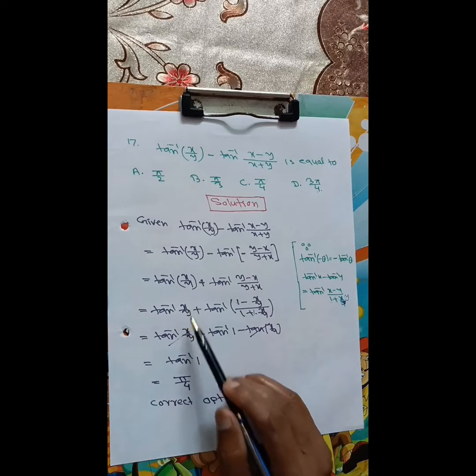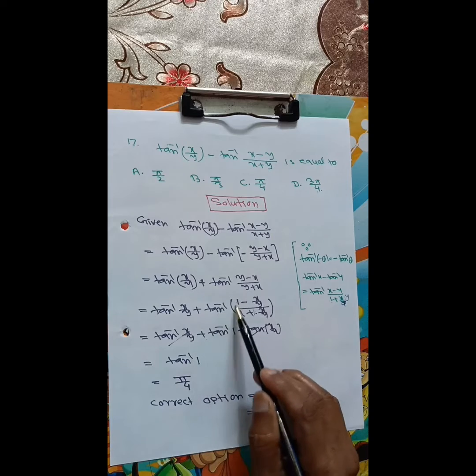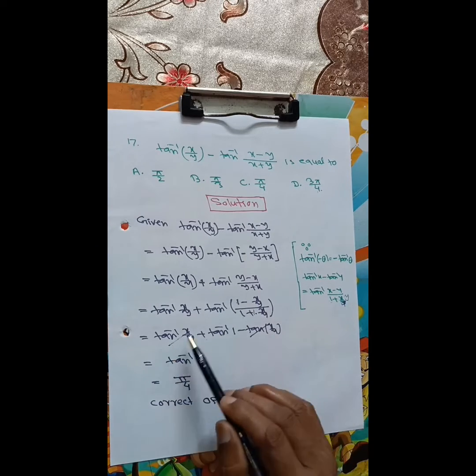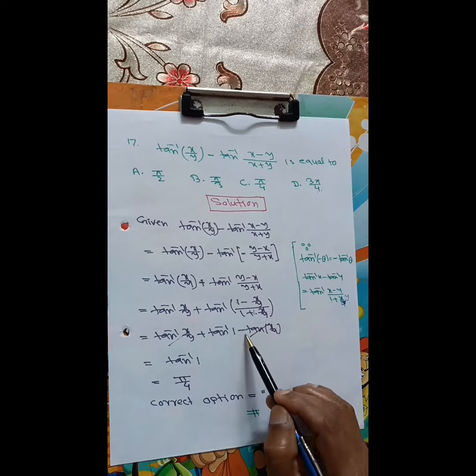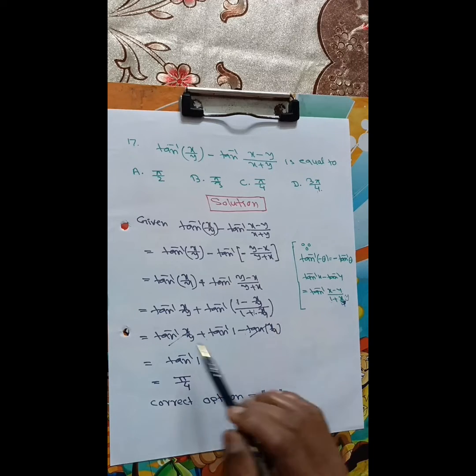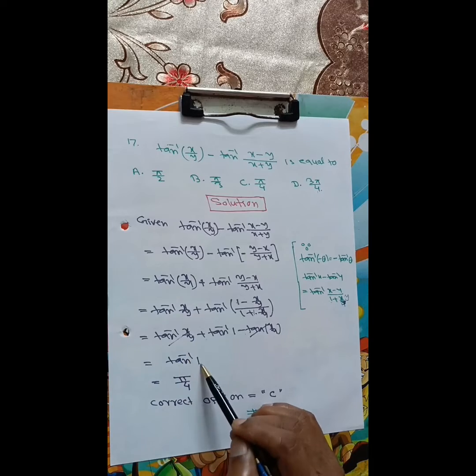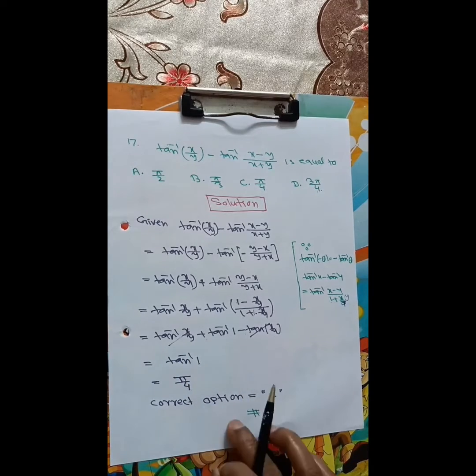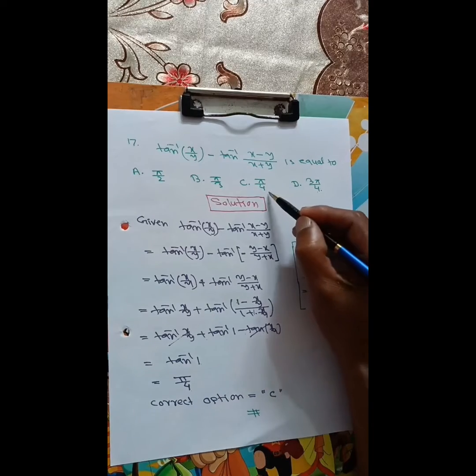So we get tan inverse x by y plus tan inverse 1 minus tan inverse x by y. Tan inverse x by y minus tan inverse x by y goes out, then we get tan inverse 1. Tan inverse 1 is nothing but pi by 4. So the correct option is C.